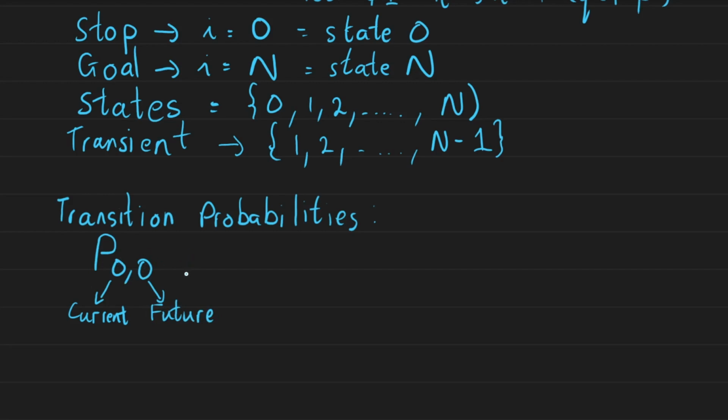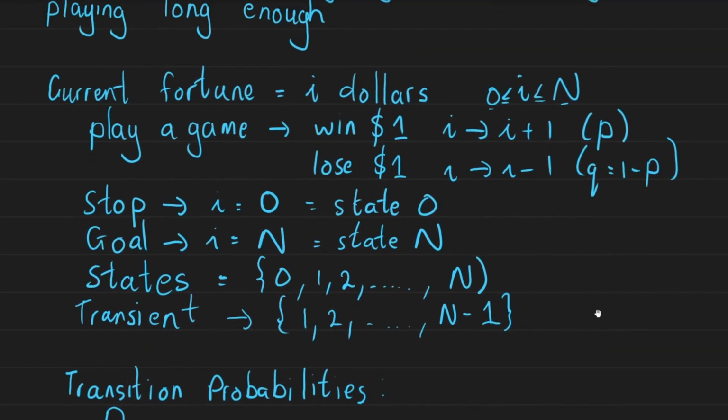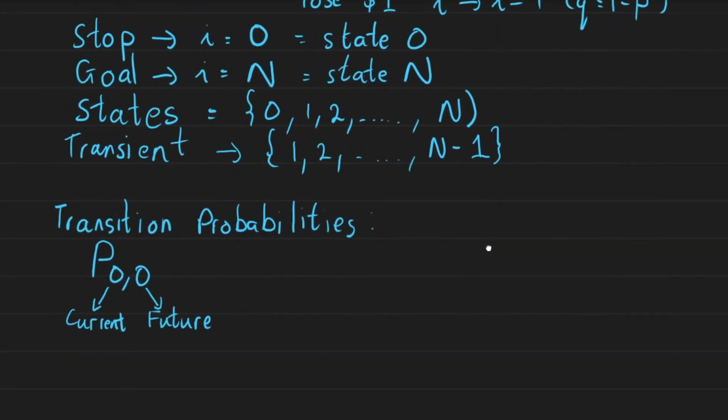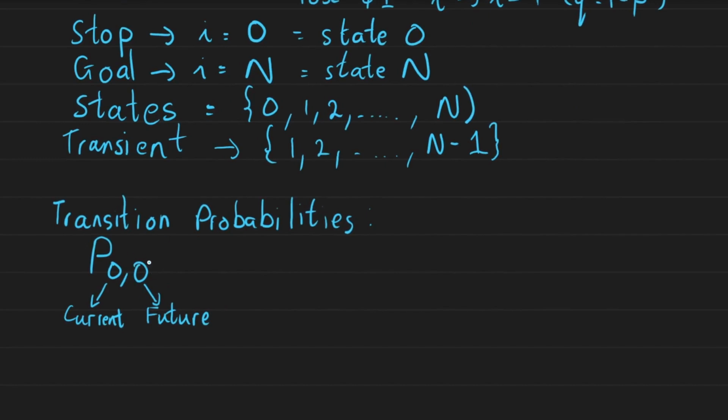So we said that the gambler stops playing either when state 0 is reached or state n is reached. So if they have currently ended up with 0, then they will not keep playing. So this transition probability is equal to 1. Similarly, if the gambler has reached their goal, then they're not going to play afterward.